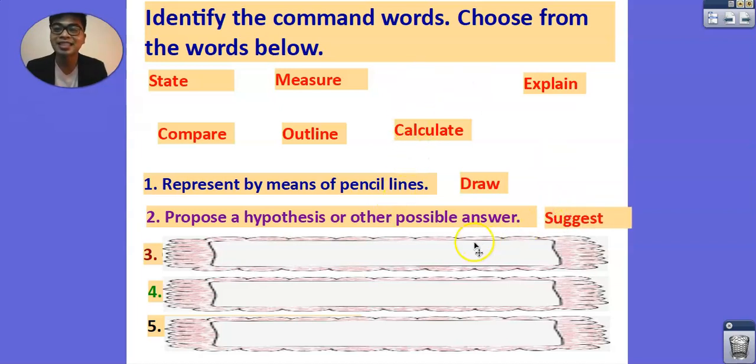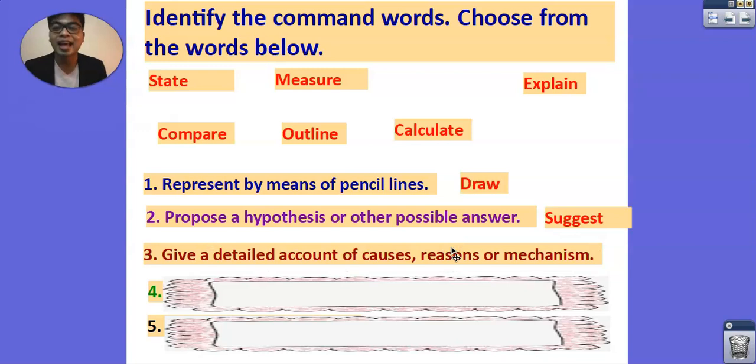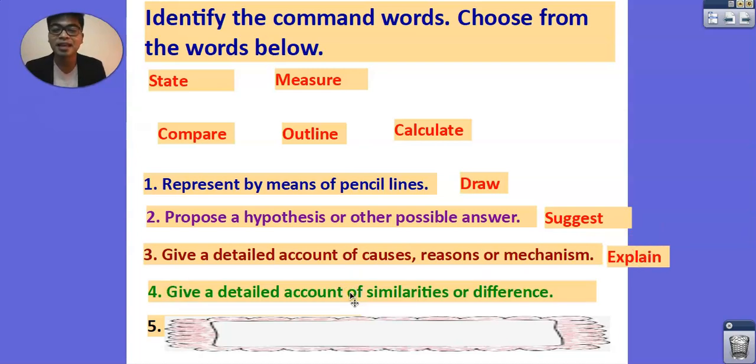We call this suggest. How about number 3? Give a detailed account of causes, reasons, or mechanism. Great job. This one is explain. And the 4th one, give a detailed account of similarities and differences. Good job, we have compare.